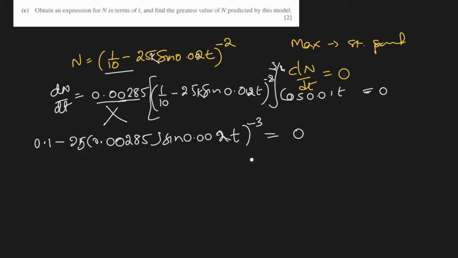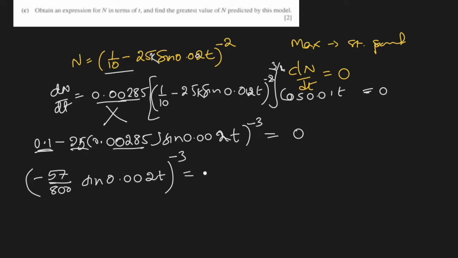Right? So if it is equal to 0, we'll bring this negative and 0.1 to the other side, so it becomes how much? If I multiply these two, I get 57 over 800 approximately, sine 0.002t to the power negative 3 is equal to negative 0.1.